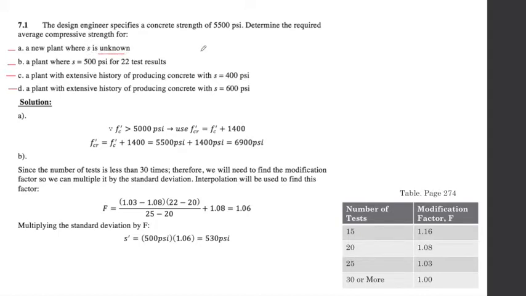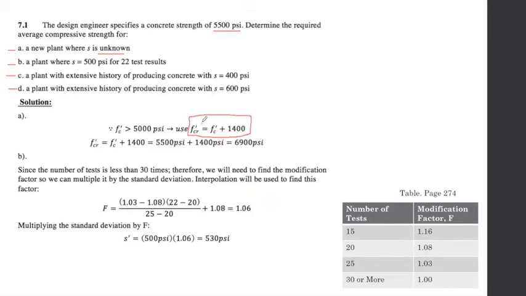The way that we approach this, we know that if f subscript C prime, which is the specified compressive strength, is larger than 5,000 psi, because it's given here, we will be using this equation, and you can find it in the slides or in the book.